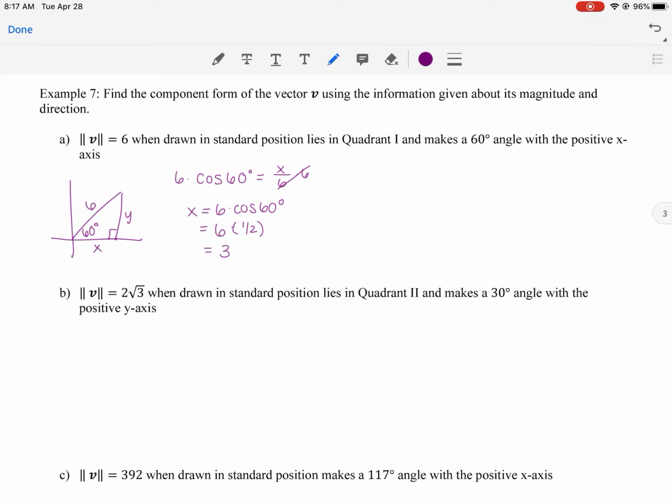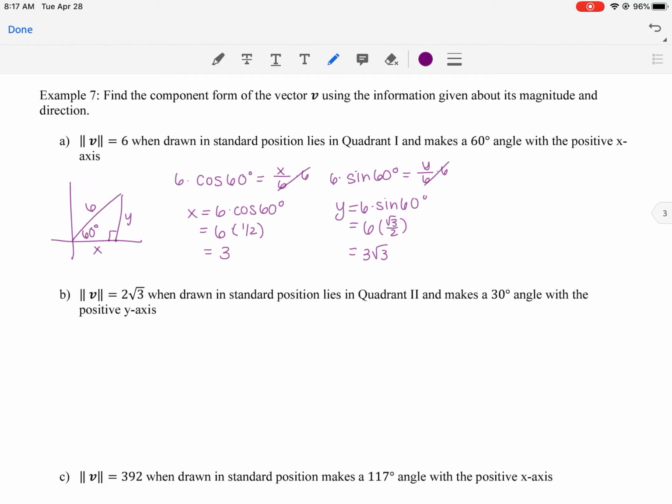We could do the same thing with y. Y is the opposite, and we have the hypotenuse of 6. So we're going to do sine of 60 degrees equals y over 6. Multiply both sides by 6, so y equals 6 times sine of 60 degrees. Sine of 60 is square root of 3 over 2.